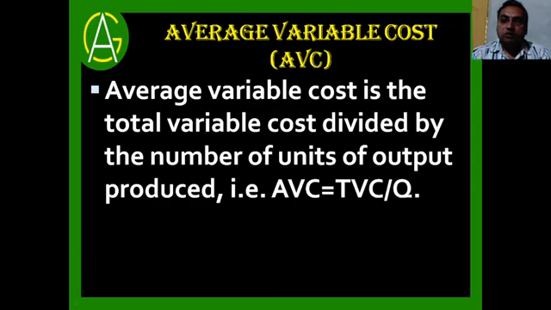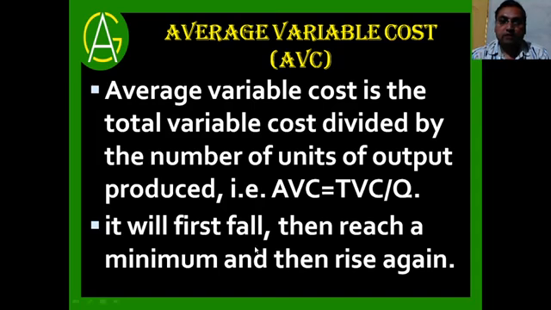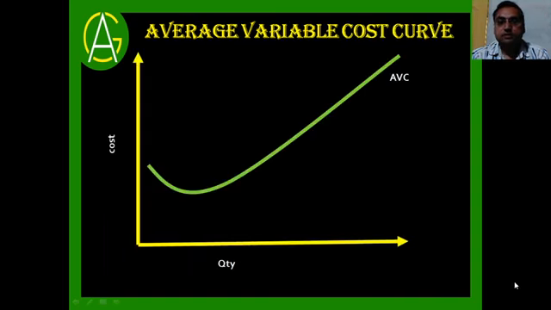What will be the curve of average variable cost? It will first fall, then reach a minimum, and then again start rising. Let us see how it appears. Yes, this is the average variable cost curve. First it falls, then reaches the minimum point, and then again starts rising.